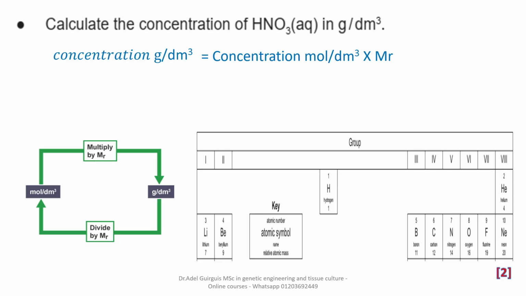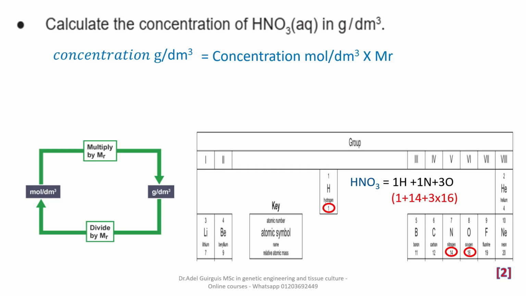We can check MR: HNO3 is formed from 1 atom of hydrogen, 1 atom of nitrogen, and 3 atoms of oxygen. What about their masses? Hydrogen has atomic mass 1, nitrogen has atomic mass 14, while oxygen has atomic mass 16.